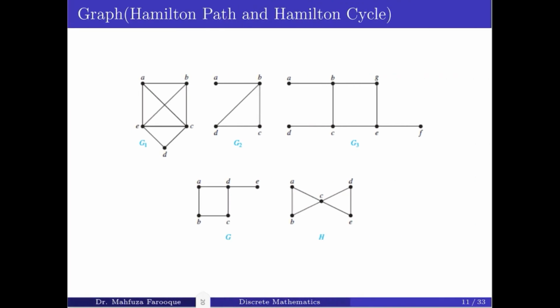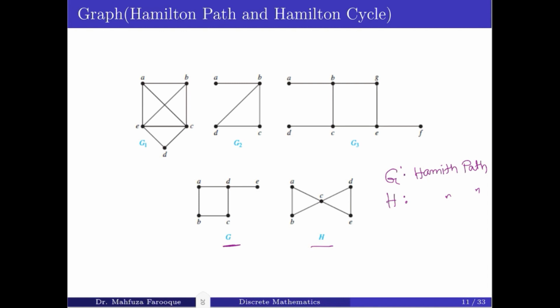Now again, if we look at graphs G and H, this is also very straightforward. We can visit all the vertices, but we cannot go back to our original vertex. So we can say that both G and H have a Hamilton path.